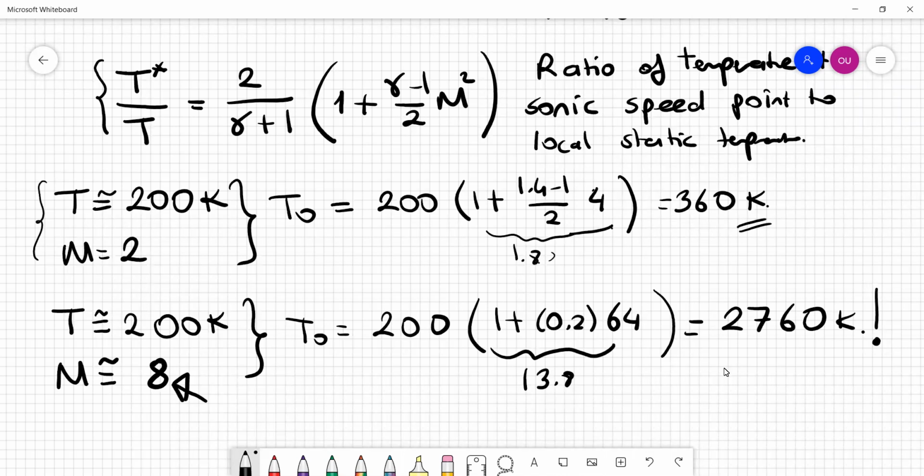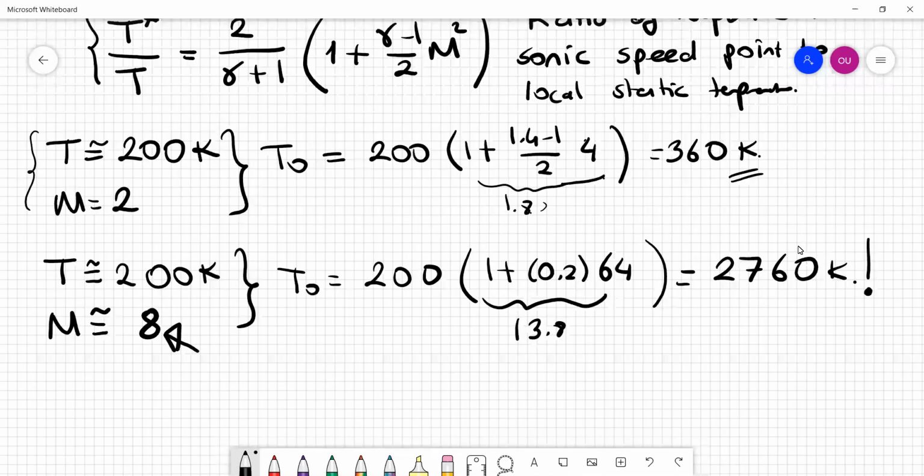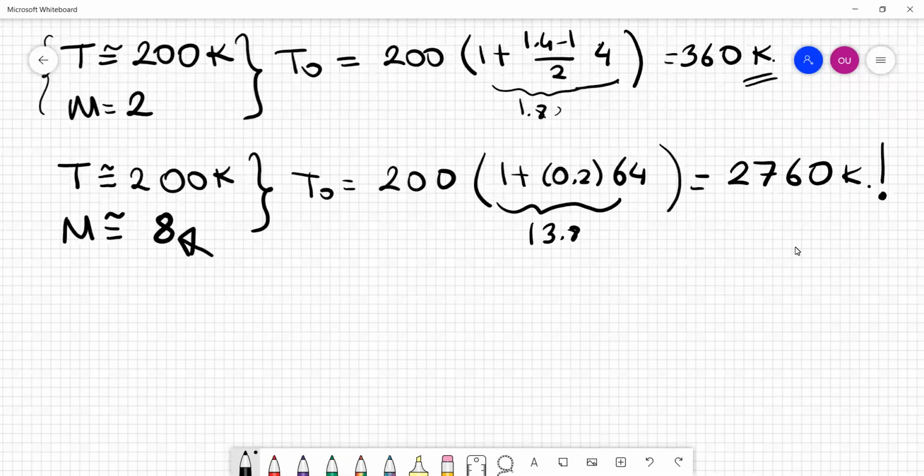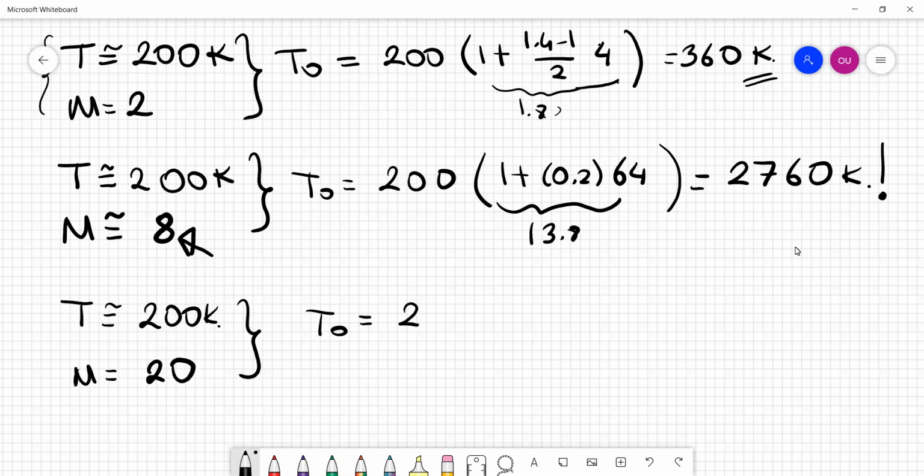And this problem gets even worse if you are, let's say, re-entering from space. Keeping the temperature constant, if your Mach number is, let's say, 20, okay? So T0 is 200 times (1 plus 0.2 times 20 squared). 20 squared is what, 4,000?